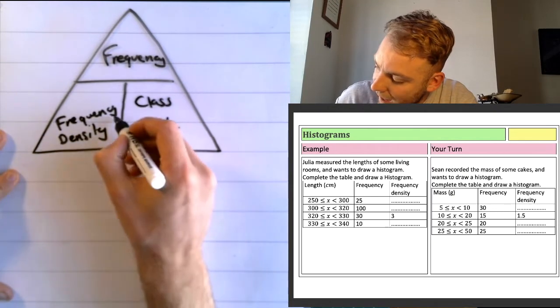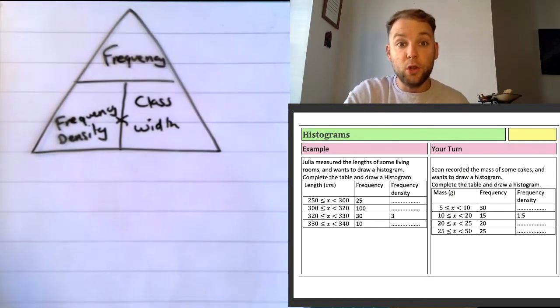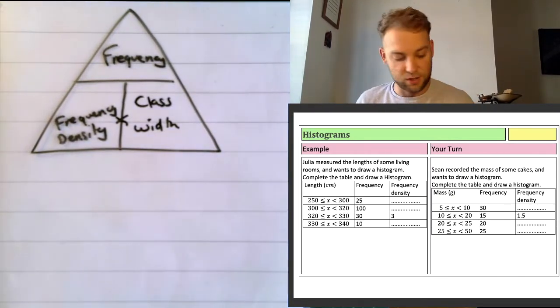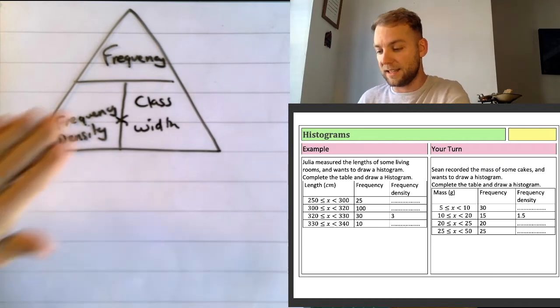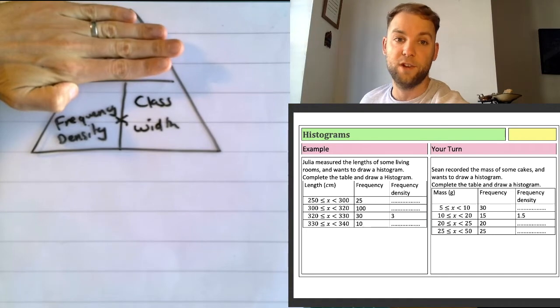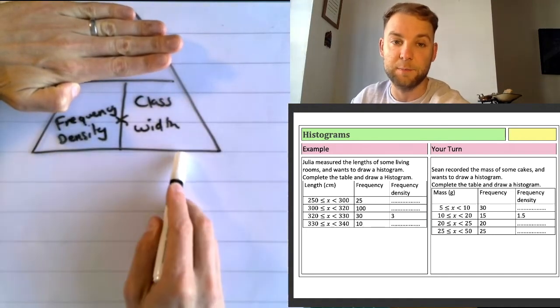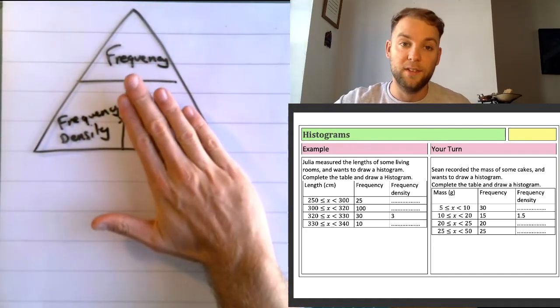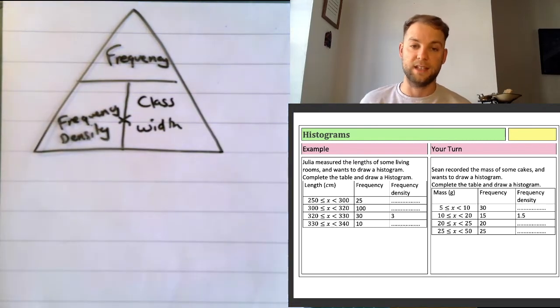It's definitely worth getting that down in your notes, because we use this all the time in this section. If you want your frequency density, it's frequency divided by class width. If you want your frequency, it's frequency density times class width. Or if you want your class width, it's going to be frequency divided by frequency density.